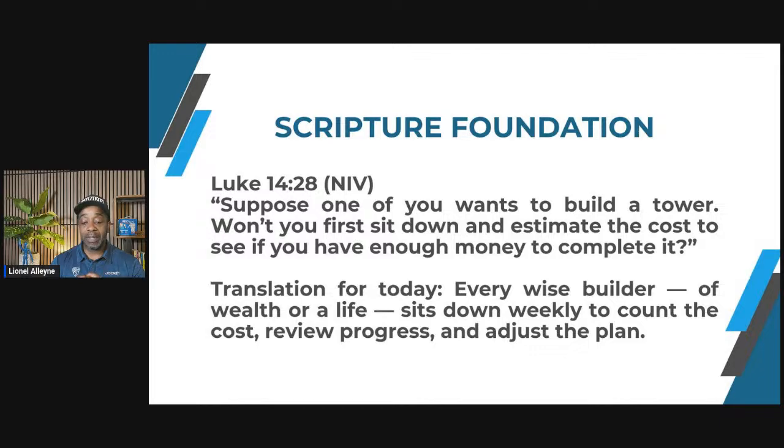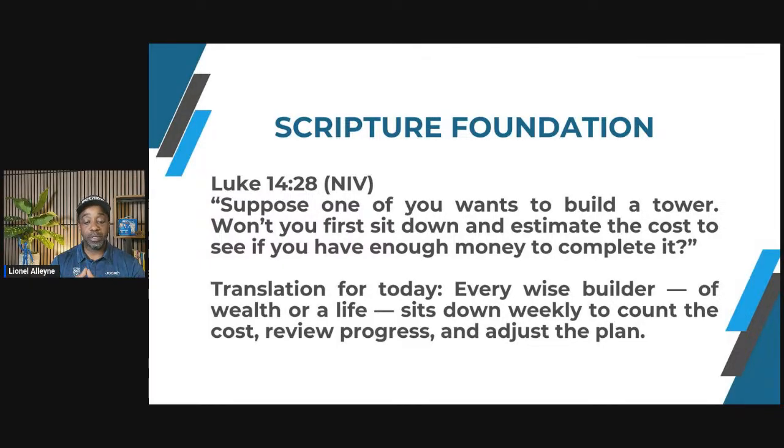Suppose one of you wants to build a tower. Won't you first sit down and estimate the cost to see if you have enough money to complete it? So what is the translation for today's application? How do we build this into our life today?